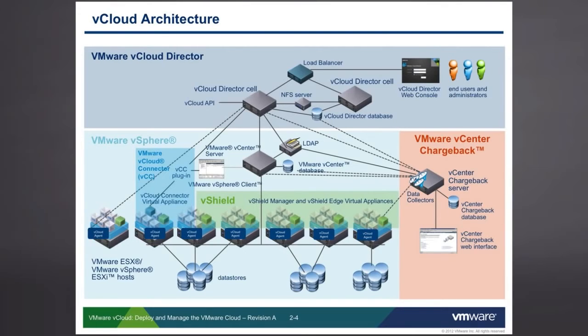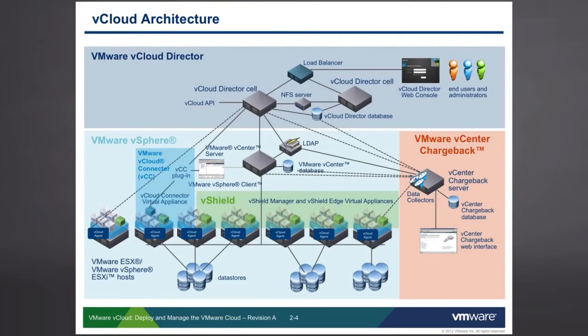When we look at the architecture of vCloud Director, we need to understand that a vCloud Director server is called a vCloud Director cell. I'm going to have one or more vCloud Director cells in my environment, probably more than one for redundancy's sake. If I have more than one vCloud Director cell, this makes up what we call a vCloud Director server group, and that's going to sit behind some kind of a load balancer.